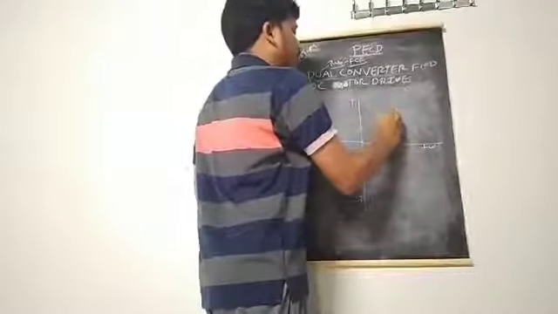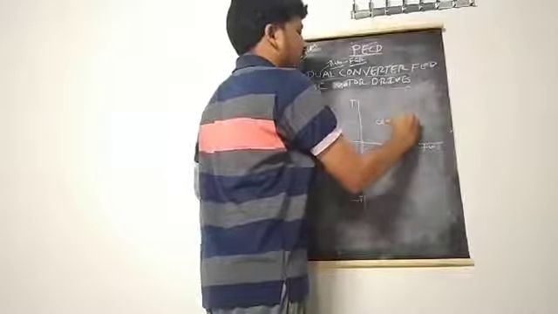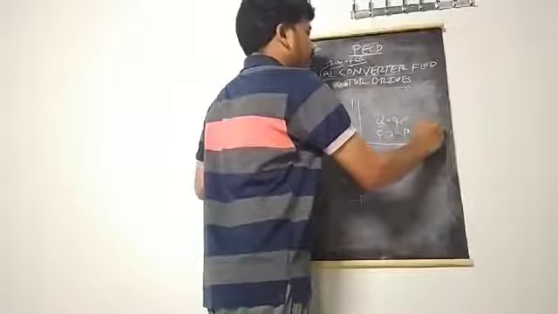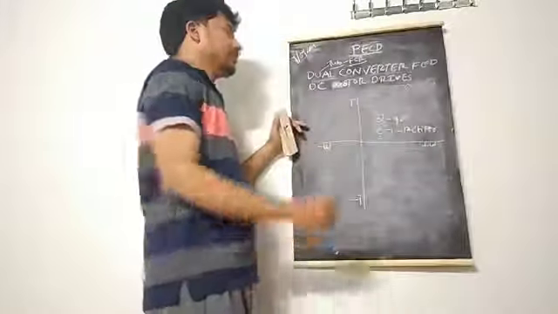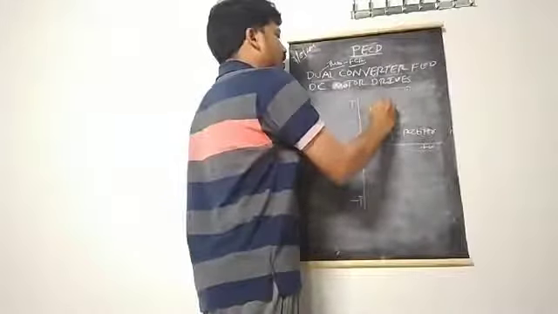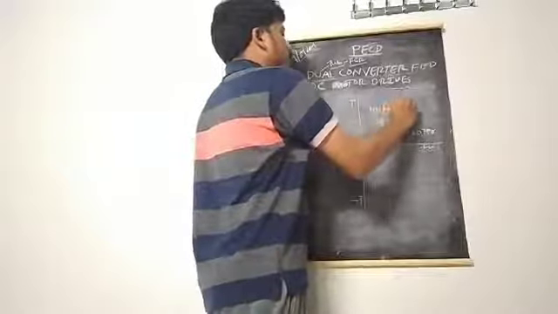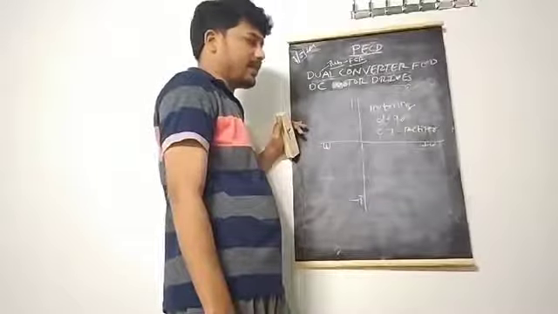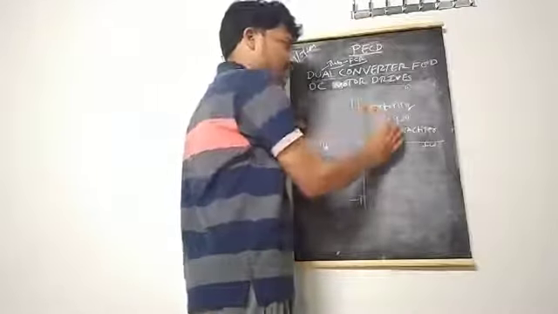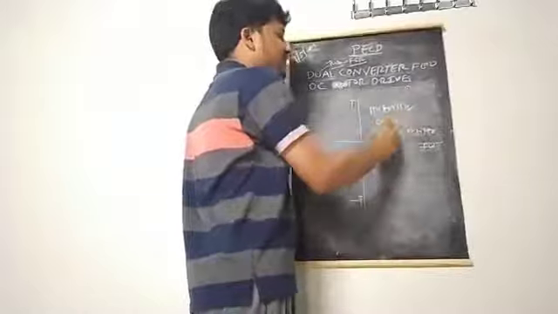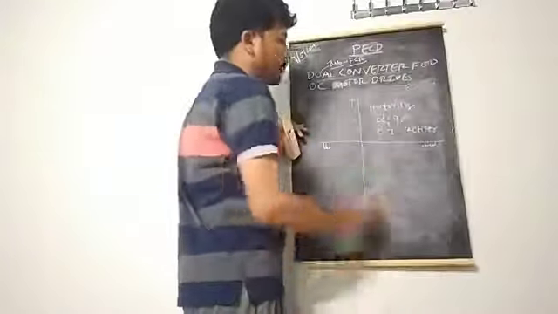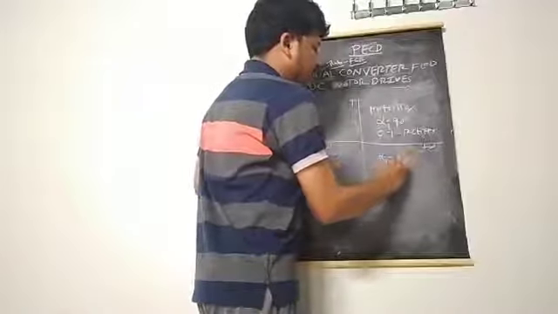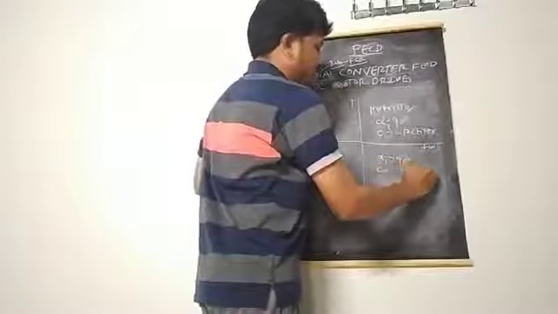If alpha is less than 90 degrees, converter 1 acts as a rectifier. Converter 1 acts as a rectifier. Therefore the power is positive. Therefore it is operating in the motoring mode, because it converts electrical energy to mechanical energy. If alpha 1 is less than 90 degrees, converter 1 acts as a rectifier. If alpha 1 is greater than 90 degrees, converter 1 acts as an inverter.